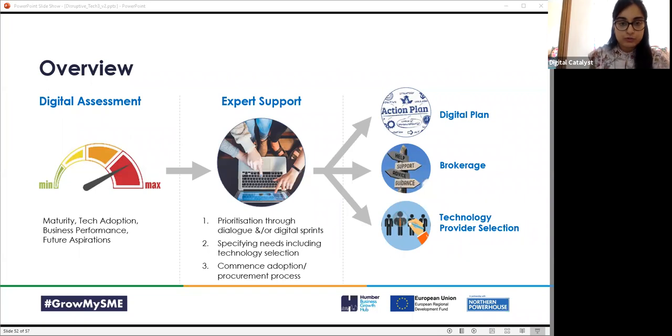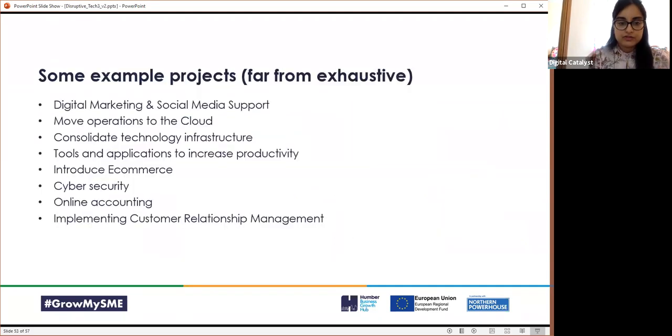If you're unsure what area of support might be best for you, then our experts can work with you to work that out via a digital assessment to see where your business is at and what direction it might be best to go forward in and how to best use the hours available. So you receive that expert support and then receive a digital plan, brokerage and technology provider selection as well if that's appropriate. The next few slides are just an outline of some of the projects that are available.